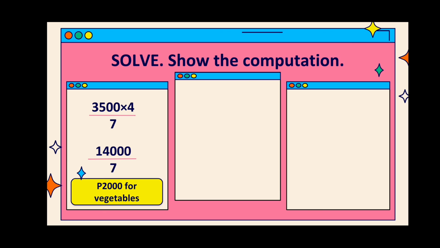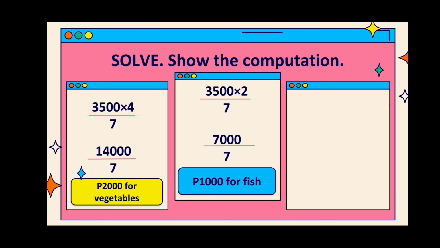For fish naman, it's 2/7. So, we have 3,500 times 2/7, that's equal to 7,000/7. And 7,000 divided by 7 is equal to 1,000 pesos. Therefore, the amount allotted for fish is 1,000 pesos.